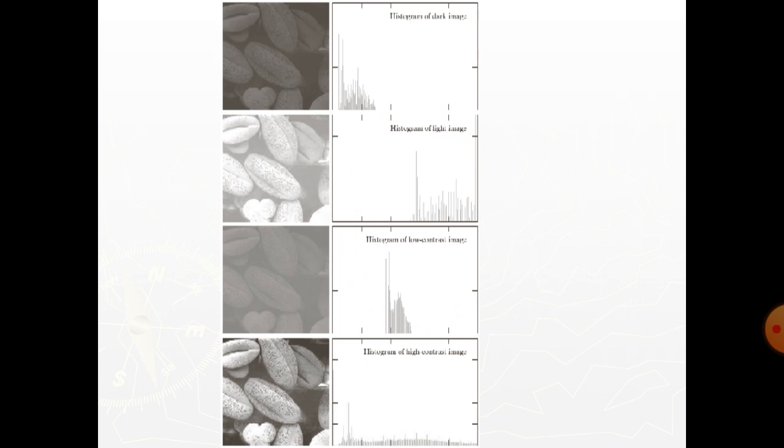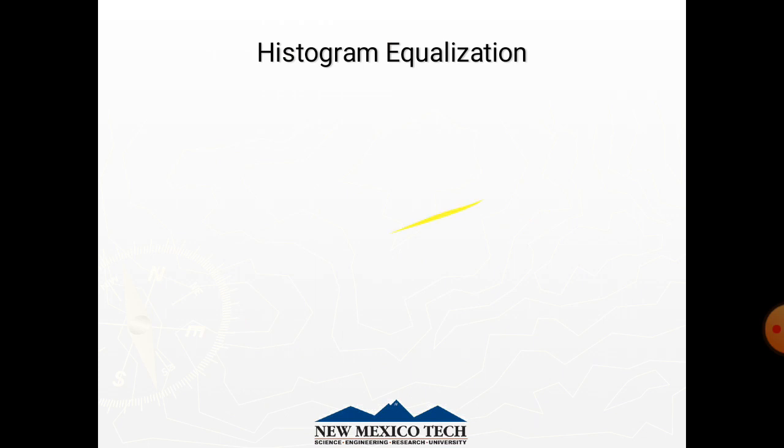We see that the components of the histogram in the high contrast image cover a broad range of the gray scale, and further that the distribution of pixels is not too far from uniform, with very few vertical lines being much higher than the others.